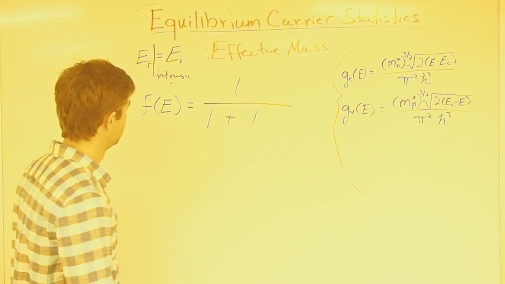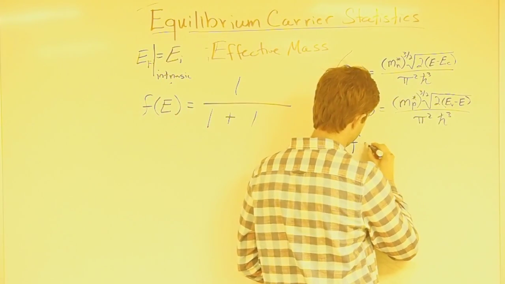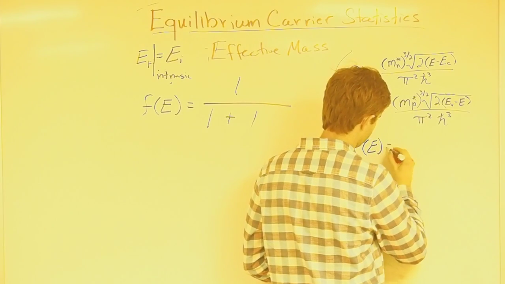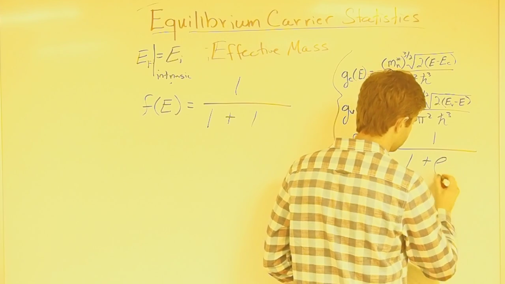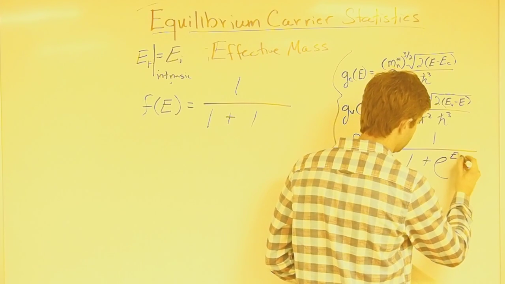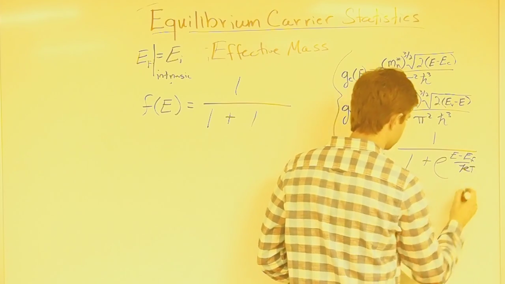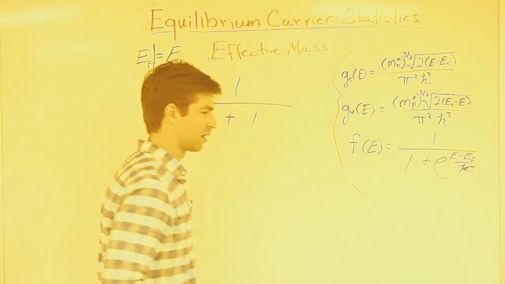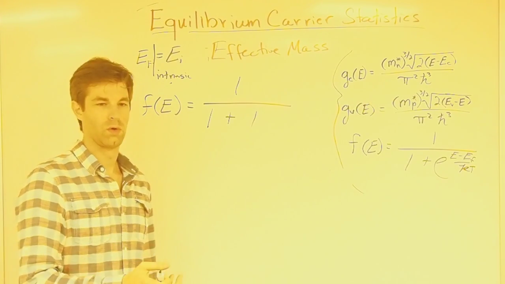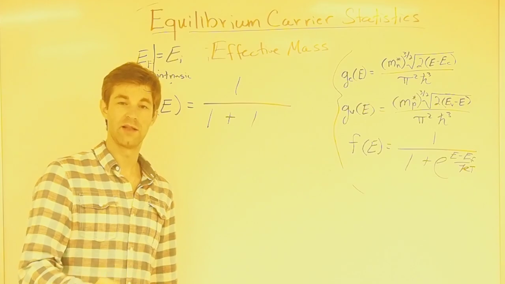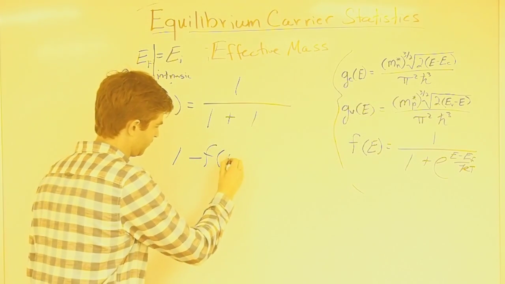So I'm going to rewrite this equation over here so we can have it available. That's our Fermi function, the probability that a state is occupied by a carrier. That carrier can only be an electron, actually. Because if we wanted to know the probability that a hole was occupying a state in the valence band, it would just be 1 minus f(E).